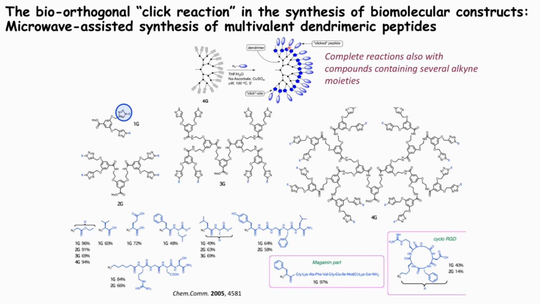Here you see all the triazole moieties which are obtained after reacting this dendrimeric construct with an azide. Now, to speed up the reaction, of course, we need copper catalysis, but we use microwave chemistry here as well. And then you can come up with multivalent systems, and multivalent systems are important because they show a better binding than a monovalent system.